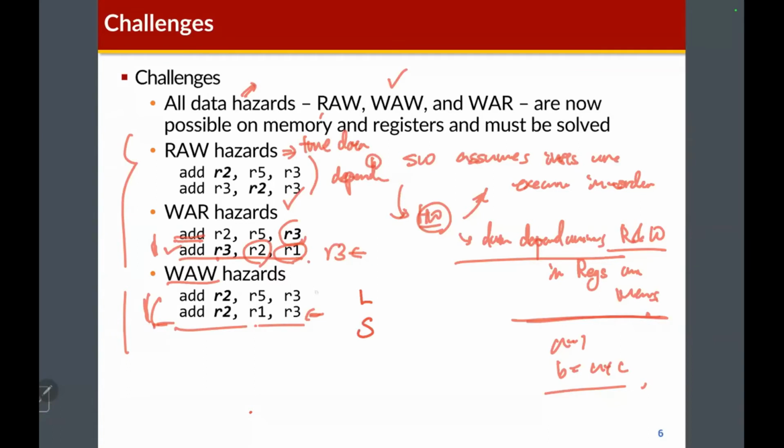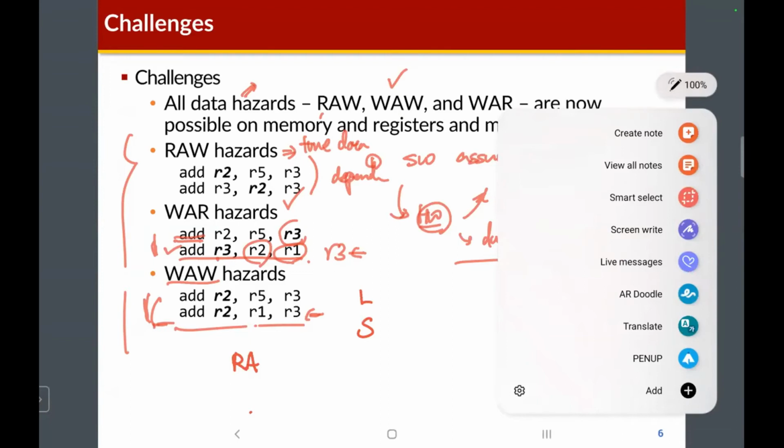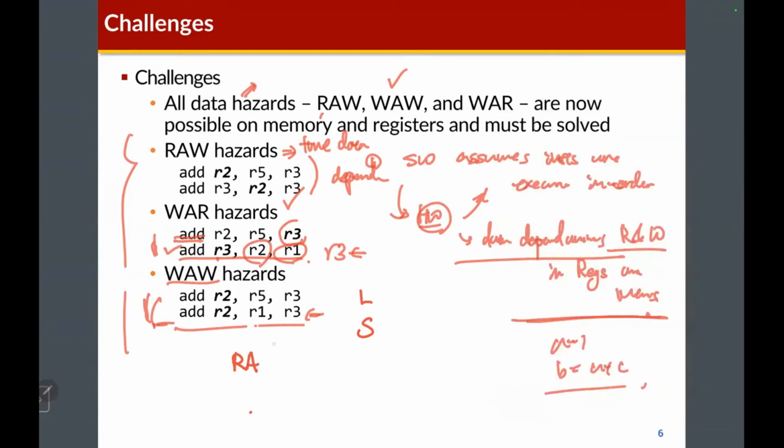If we consider the RAW hazard for memory, then we need to maintain the order of store and load instructions for the same address. So store and load instructions should be maintained.